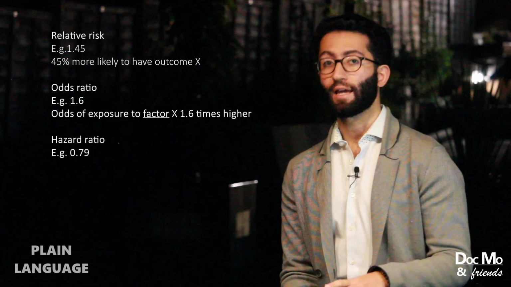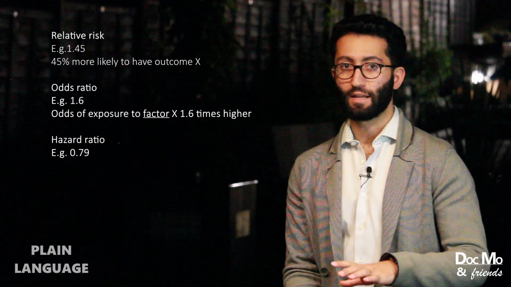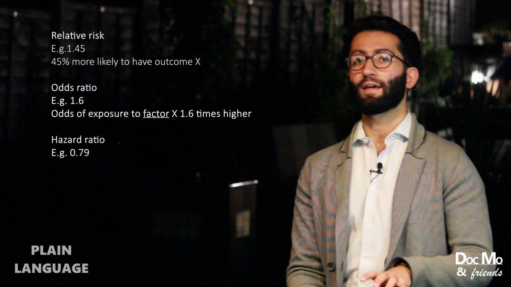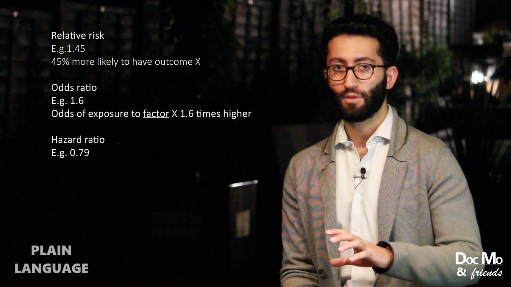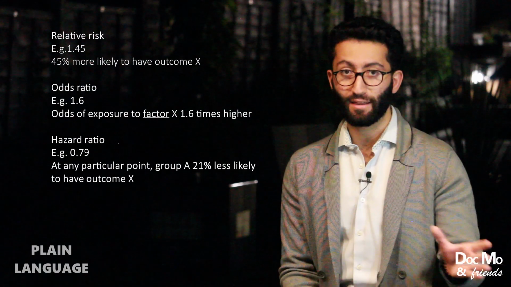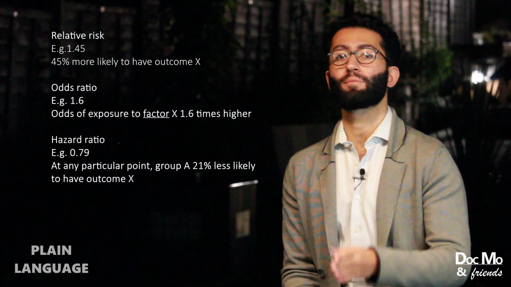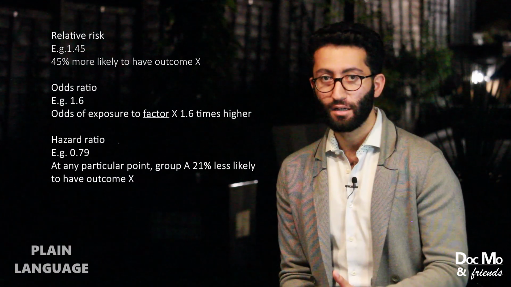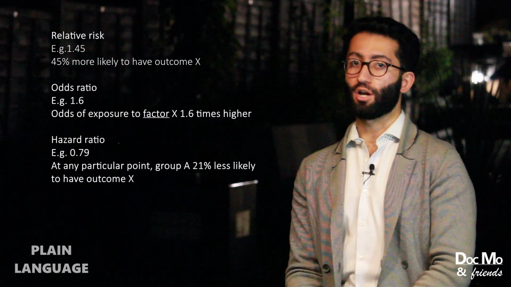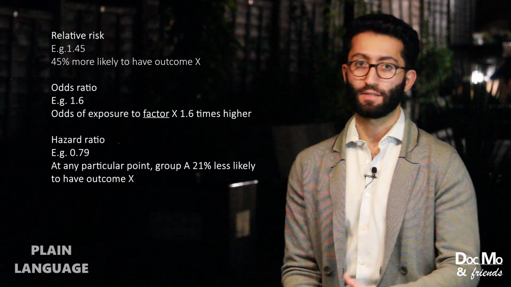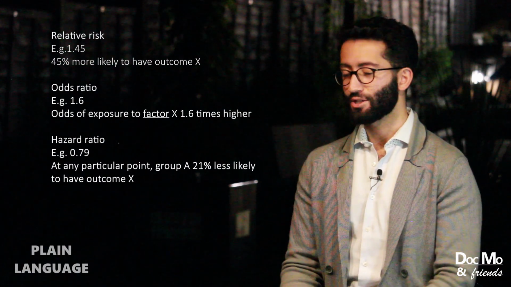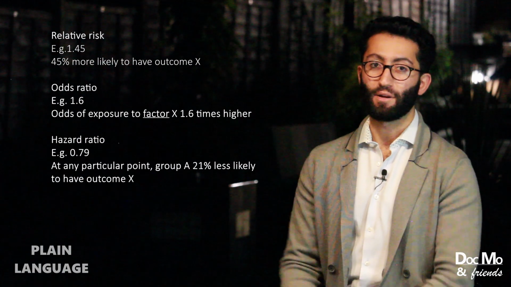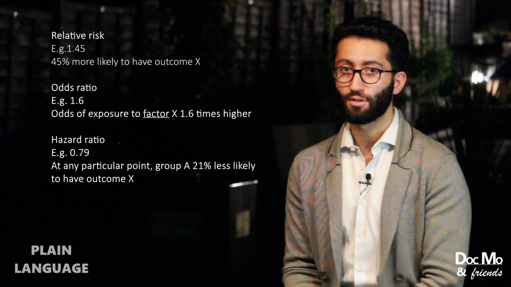What I would say, and it is quite similar, admittedly, to relative risk, is that those who received the chemotherapy drug at any point during this study were 21% less likely to have cancer recurrence. That's how I would interpret the statistic. Remember, hazard ratio is quite similar to relative risk, but it's taking into account the time in the study. And once again, remember that a hazard ratio of 1 means that there's no difference.